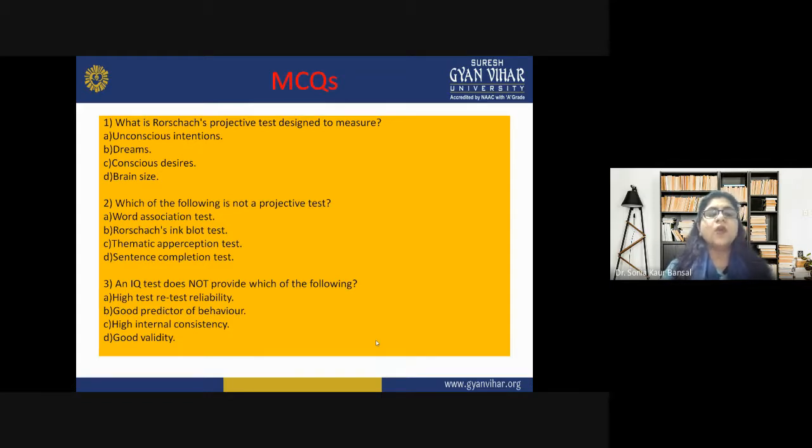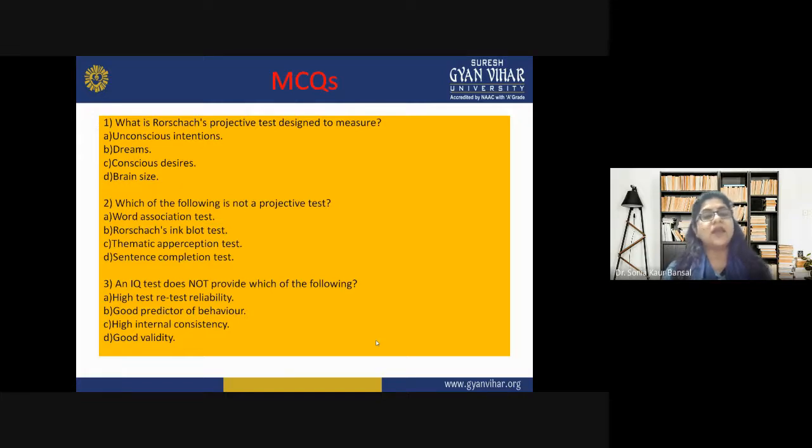Then secondly, which of the following is not a projective test? Word association test, Rorschach's ink blot test, thematic apperception test, sentence completion test. So these are the types of tests, and you have to tell which is not a projective test.